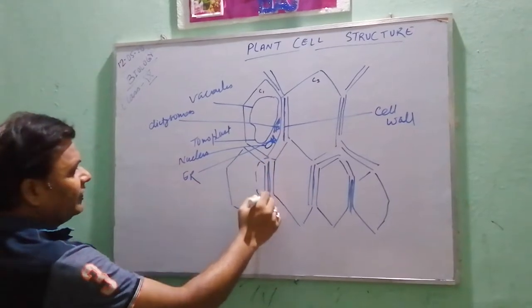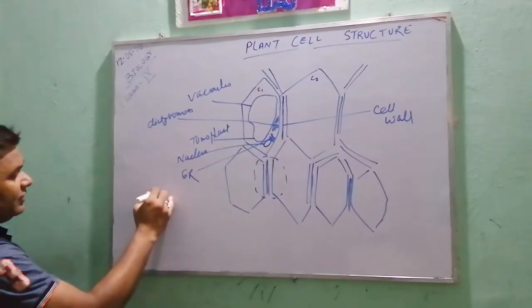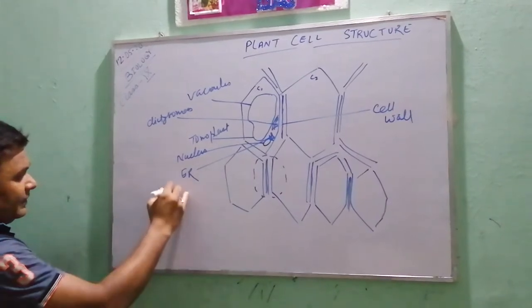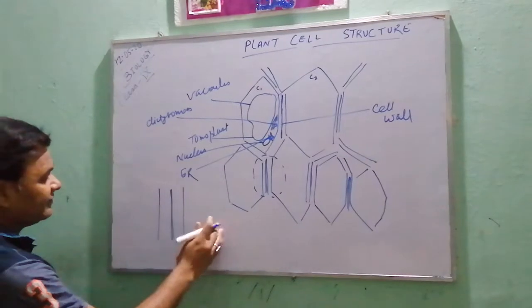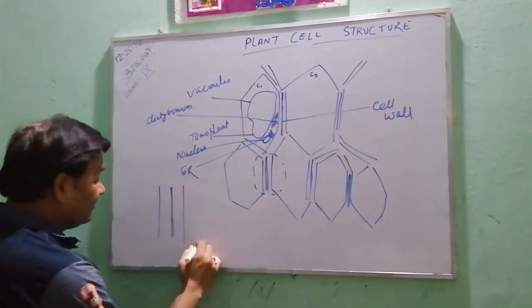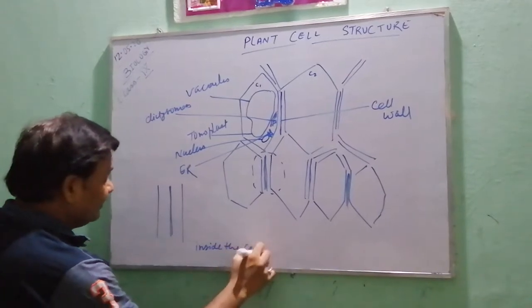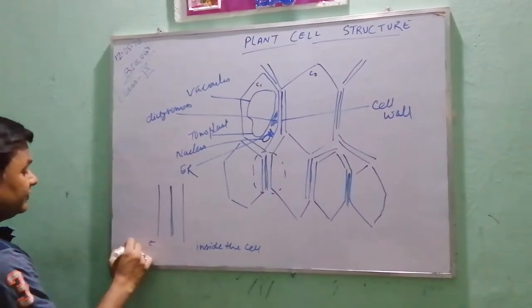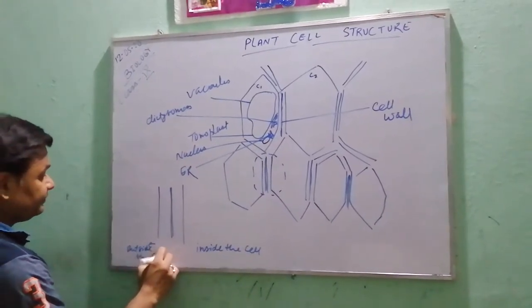When we look at an enlarged view of these structures, there is the cell wall, the middle layer. This one is the inner side layer, inside the cell, and this one is outside the cell.